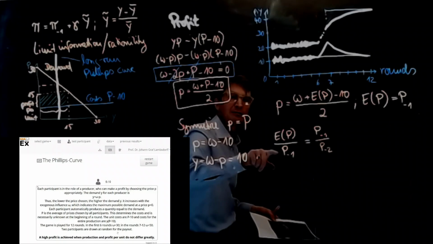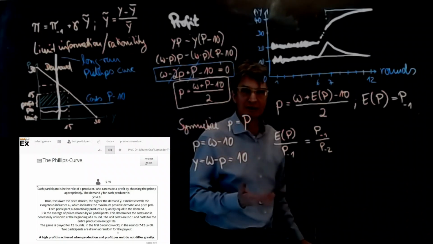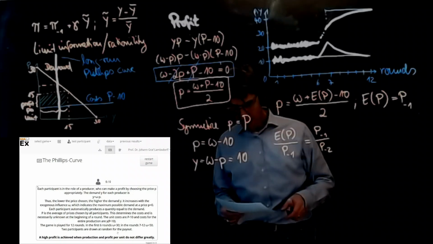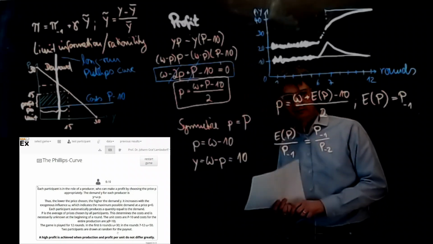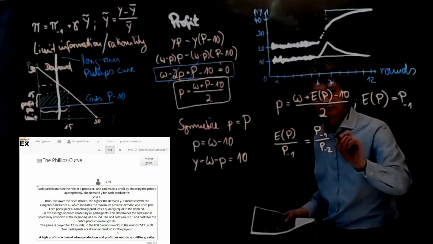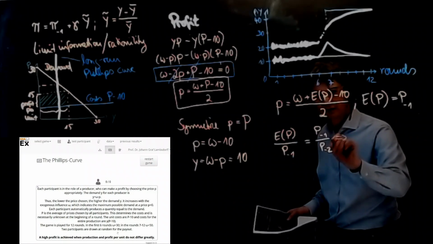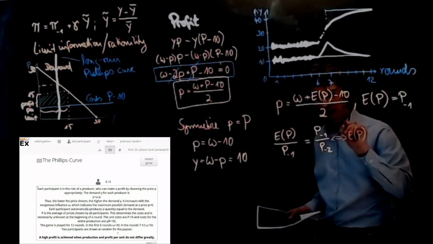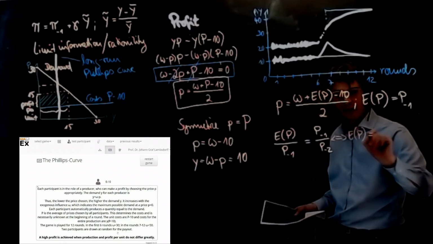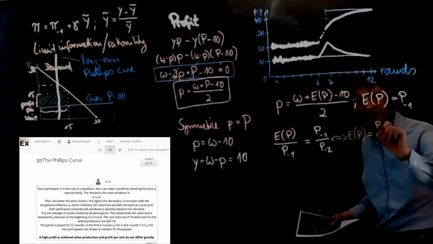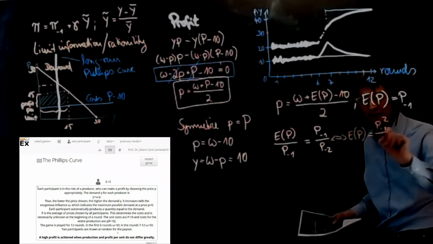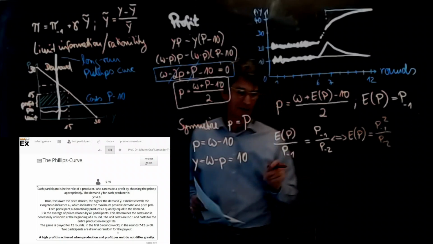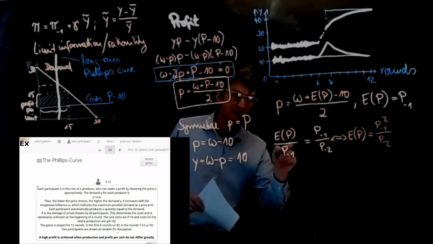And then we expect the same to happen this round again. Now, once we have this, we can rearrange to see that the expected capital P will be equal to P minus 1 squared over P minus 2. Okay? I just multiplied with the denominator here.